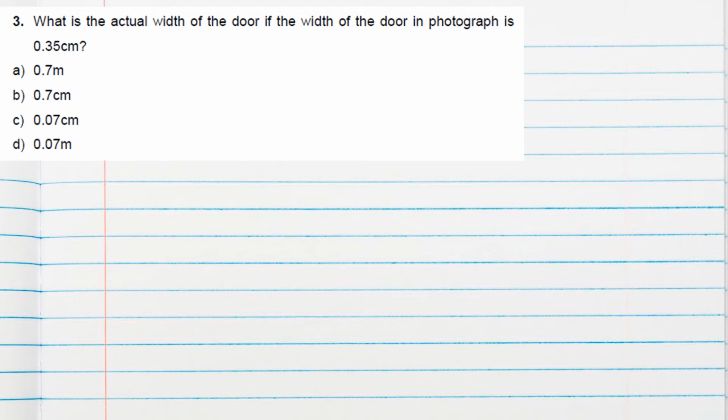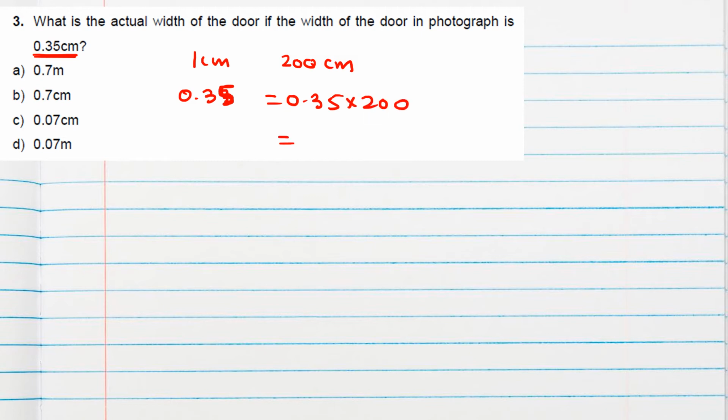Third question: what is the actual width of the door if the width of the door in the photograph is 0.35 centimeter? For 1 centimeter we have 200 centimeter. This is the scale factor. So for 0.35, sorry, 35, what we will do? Multiply this into 200.